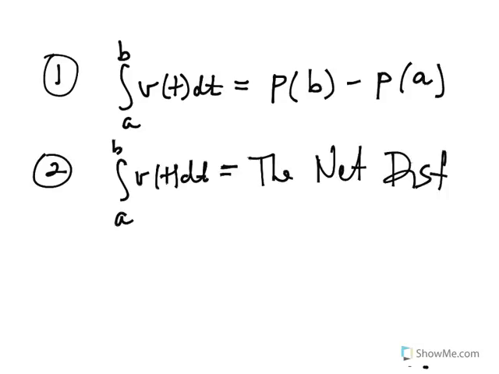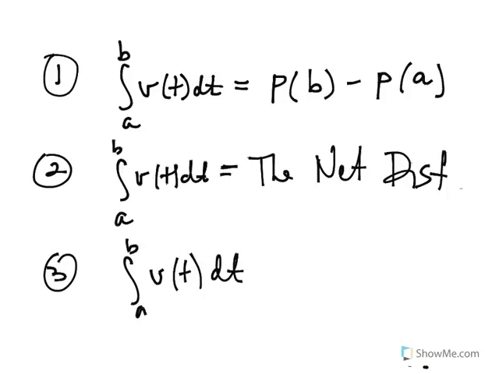Now, if you actually want to find the total distance, please remember the basic formula is an integral of v of t dt, but you need to consider the absolute value. Because even if the graph of the velocity appears below the x-axis, it just tells you that your object moves to the left, but it's still moving, right?